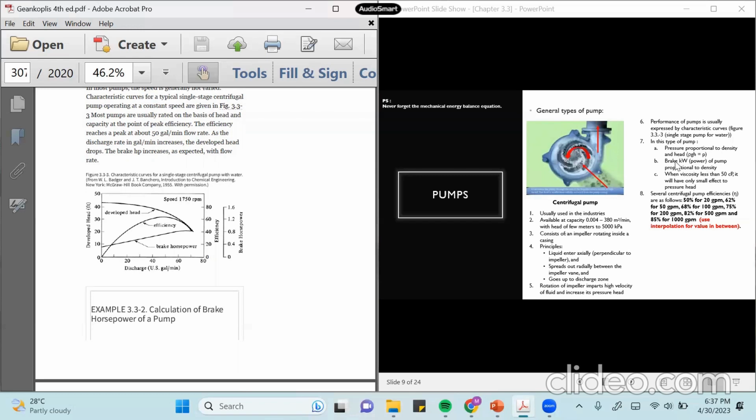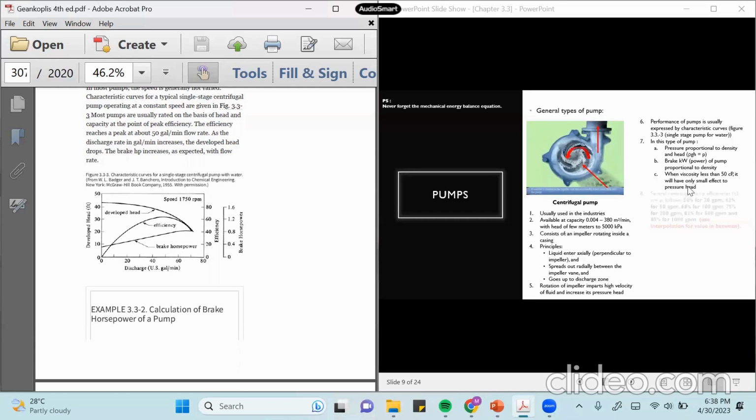Then we need a higher brake power to move the sugar caramel as compared with when we move the water, because it's easier for us to move a fluid that is lower in density as compared with a higher density.